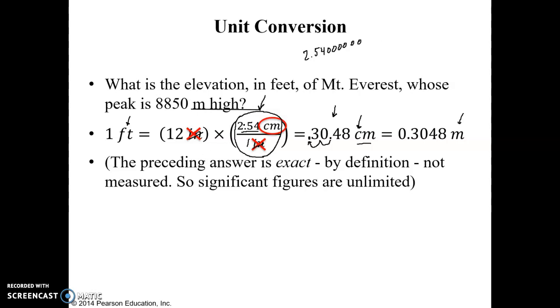So it is not going to limit our significant figures. This is not really 3 significant figures. Treat this as an unlimited number of significant figures. So if we look back up here to the example problem, we had 8,850. This is not really a significant value, so we want our answer to be 3 significant figures, basically.